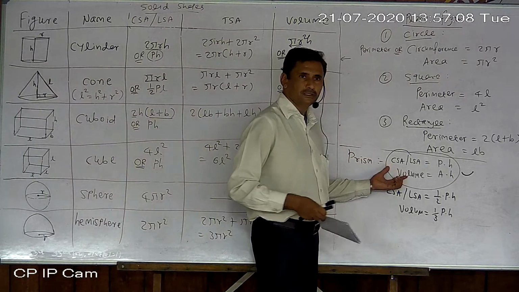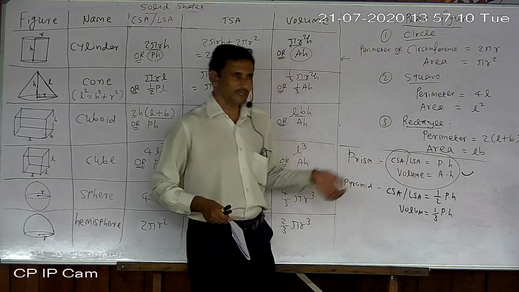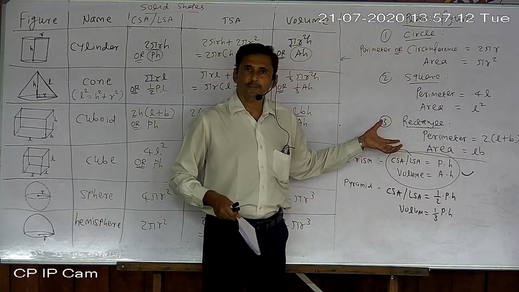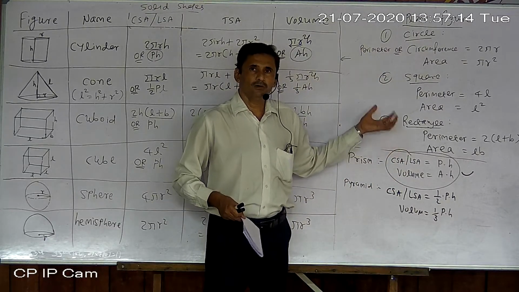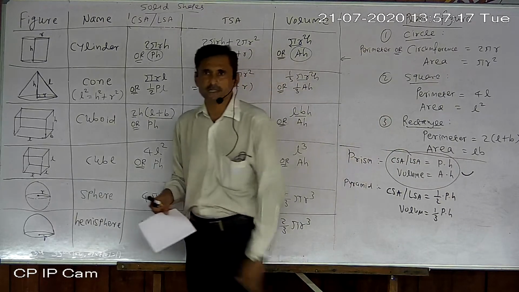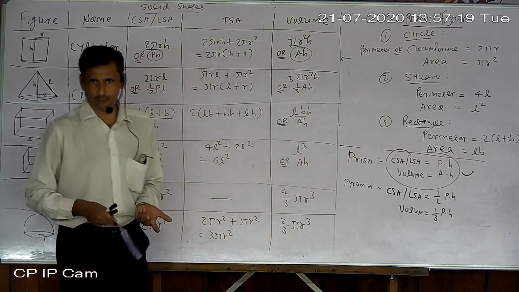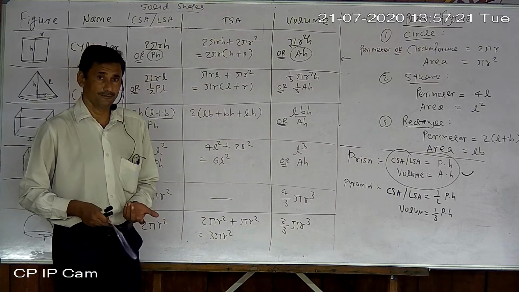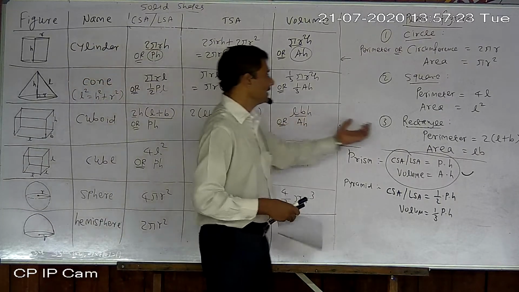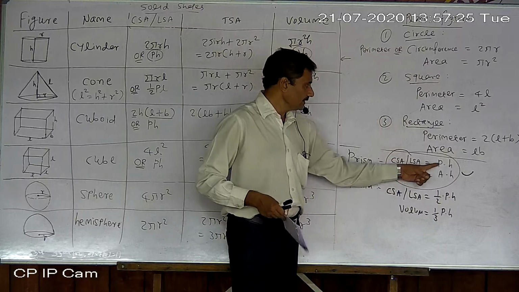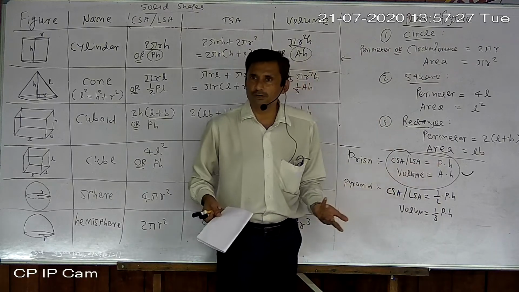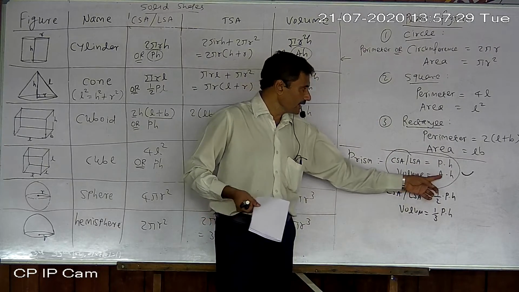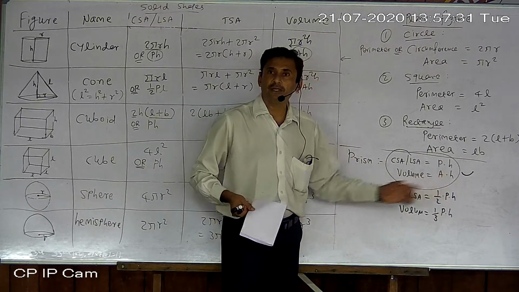Now you may be thinking why I have written here the perimeter and area formulas of plane shapes, even though this lesson is regarding solid shapes only. But solid shape is related to this. Why? I have written here perimeter, but perimeter of what? Base. A into H, area. Area of what?